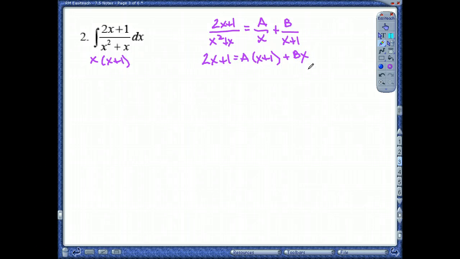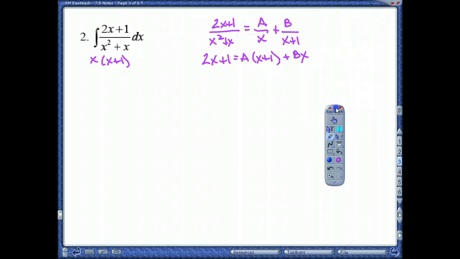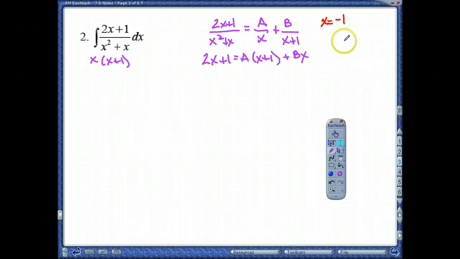So I want to think about what x values are going to cancel out this a. Well, a is being multiplied by x plus 1, so I'm going to use negative 1. So to get rid of a, I would look at when x is equal to negative 1. So when I do that, I'm going to put negative 1 in for this x, and for this x.